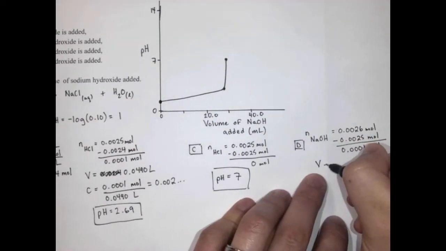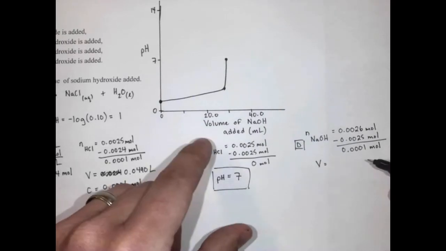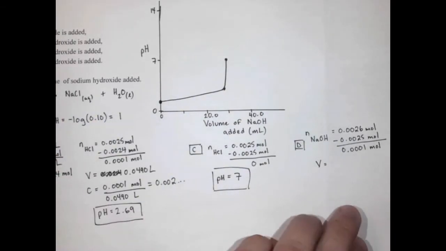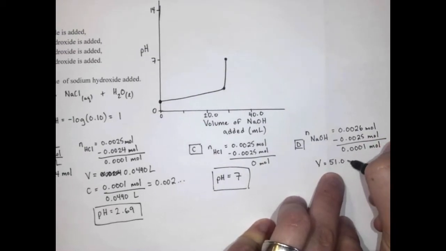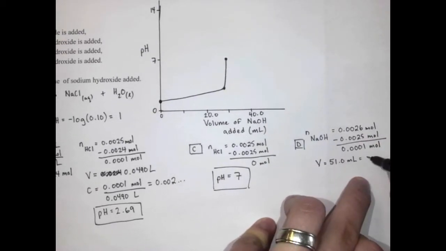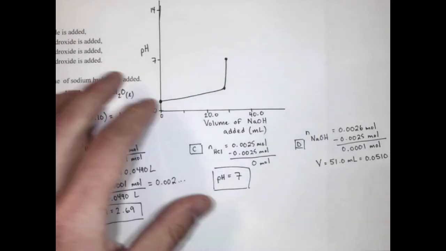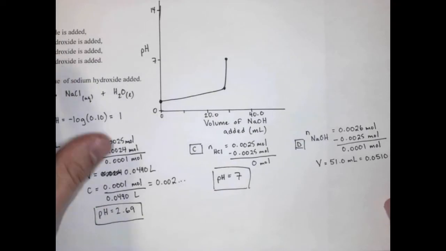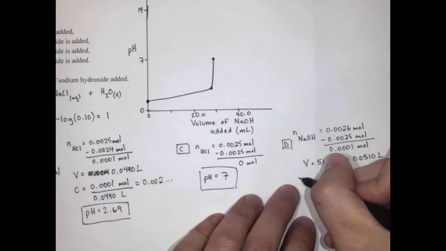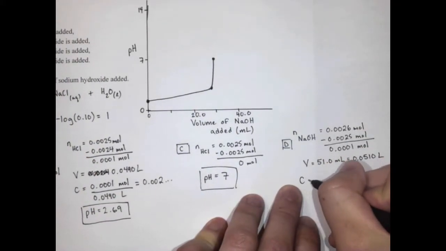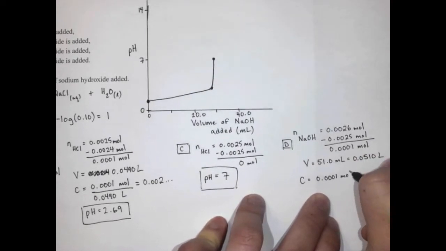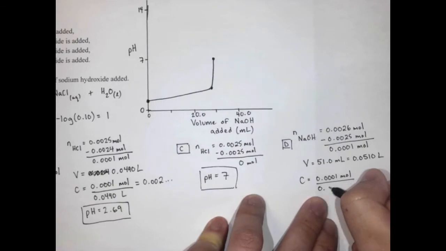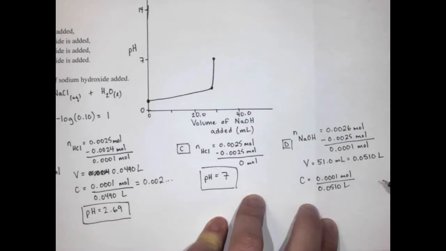And for the volume, remember to add the two volumes. I've added 26 mils of base and 25 mils of the acid. So that's 51 mils, or 0.0510 liters. So what is the concentration? The concentration will be 0.0001 moles over 0.0510 liters.